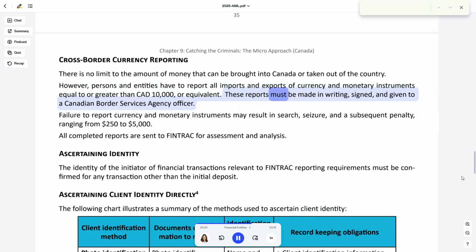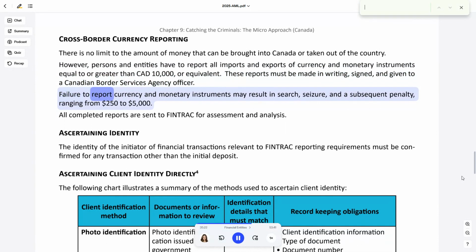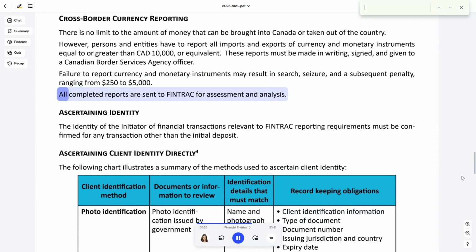These reports must be made in writing, signed, and given to a Canadian Border Services Agency officer. Failure to report currency and monetary instruments may result in search, seizure, and a subsequent penalty ranging from $250 to $5,000. All completed reports are sent to FINTRAC for assessment and analysis.